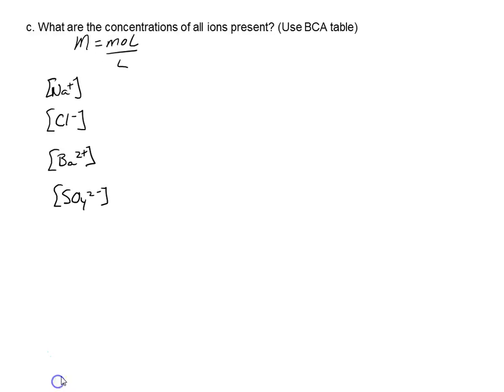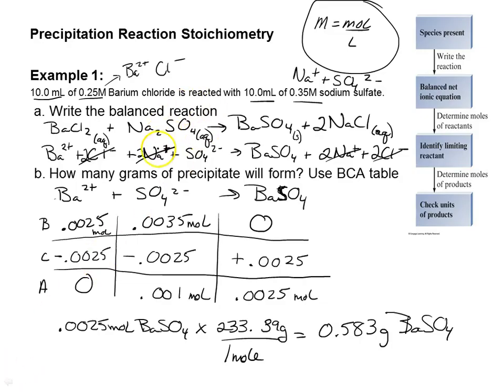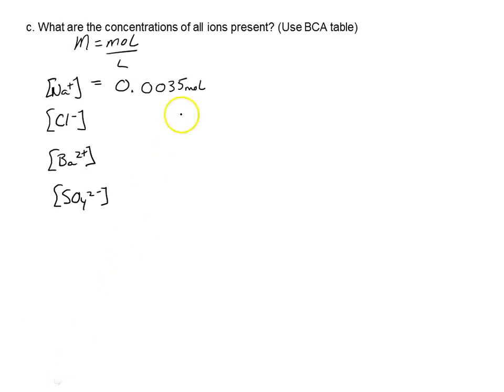So my initial amount of the sodium ions, I figured out that I had 0.035 moles. And if you go back and look at your balanced equation, you have 2 of them. There's 2 Na here, there's 2 Na over there. So I've got to multiply that by 2. So now I know how many moles of sodium I have, 0.007 moles.